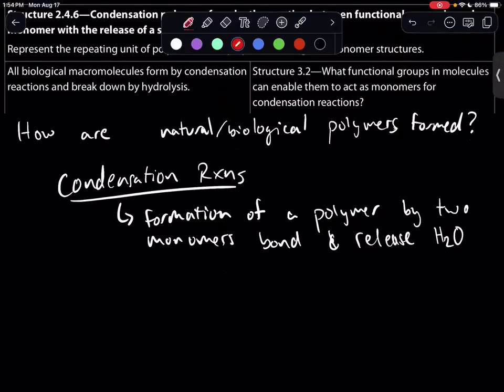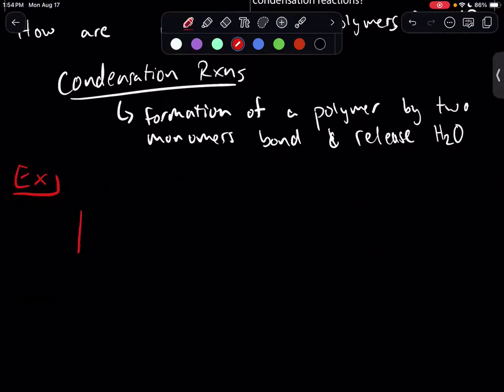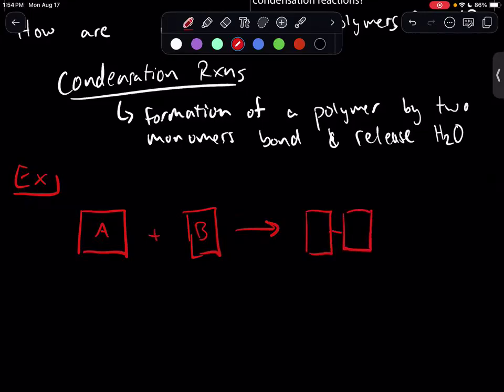reaction. A quick way to just visualize it is if we have two structures, structure A and structure B, and these are our monomers. When we add them together, we do get the bond between A and B, but we also have a product of one molecule of liquid water.